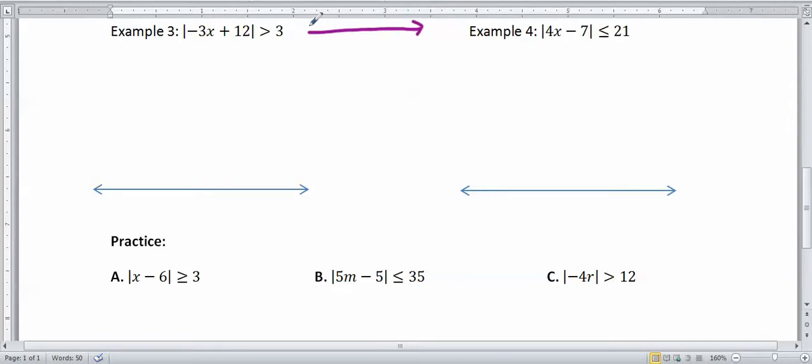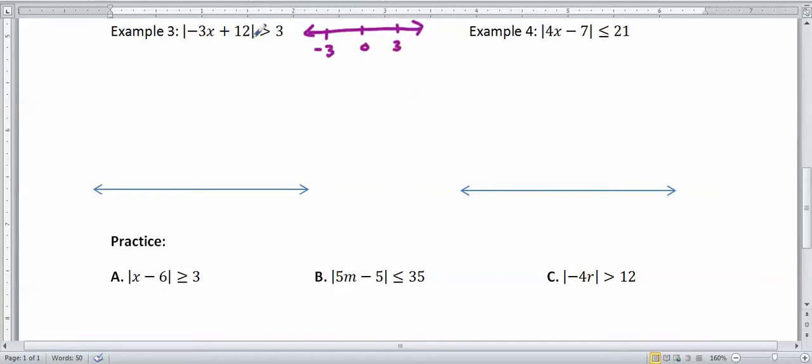So this inside is absolute value. We're not caring about that right now, but we want to know where are all of these values greater than a distance of 3 on the number line from 0. Okay, so we know that we have to at least be at positive 3 and another distance of negative 3. So both of these are at least 3 away from 0 on the number line.